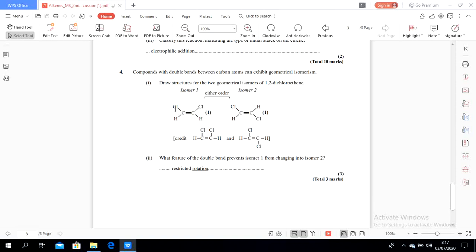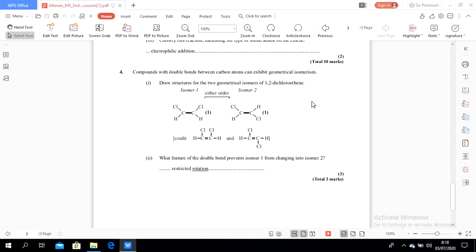Look at here, the same atom horizontally, and at the top horizontally chlorine, at the bottom horizontally hydrogen. So for the geometry of 1,2-dichloroethene, one can form cis and one can form trans.